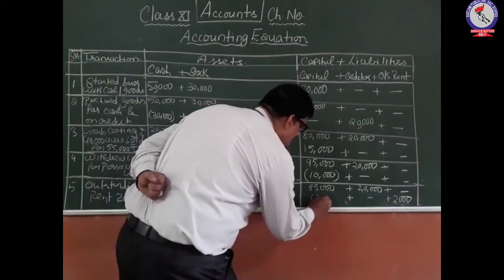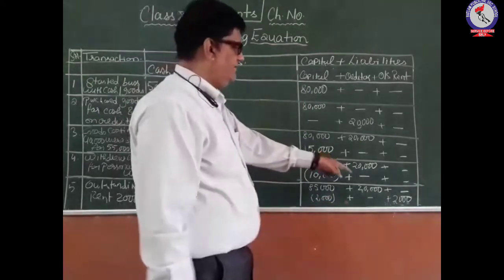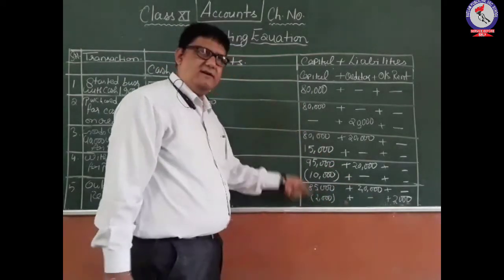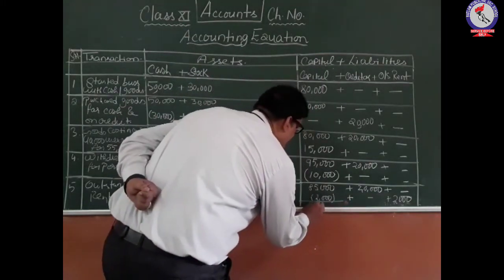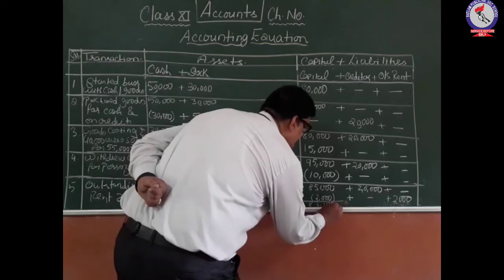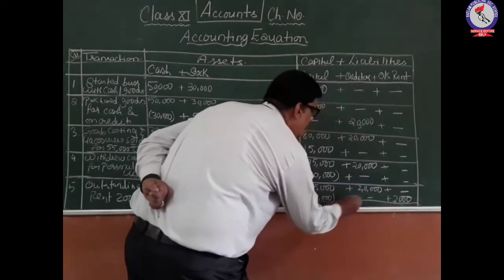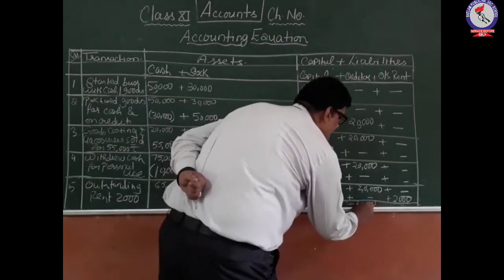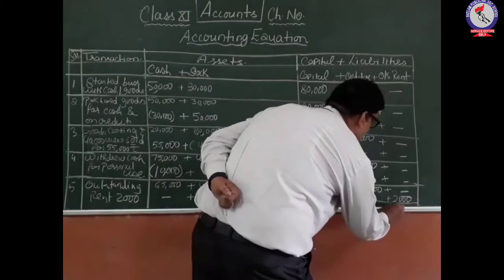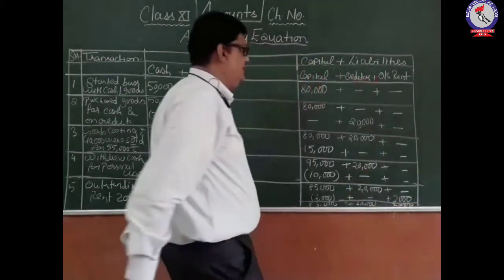So if it is an outstanding expense which is not paid, it will increase one of the liability and decrease your capital. So now your capital balance will become 83,000 and your creditor will remain as it is 20,000 and there will be the new balance of outstanding liability, that is outstanding rent 2,000.